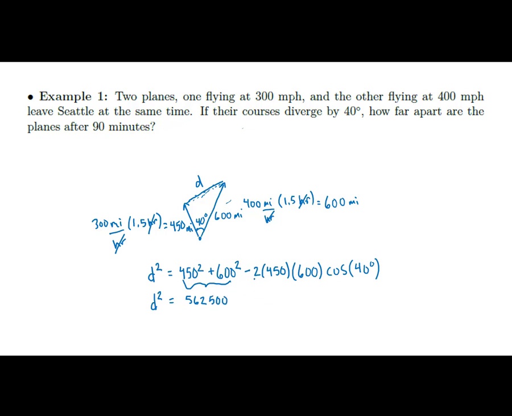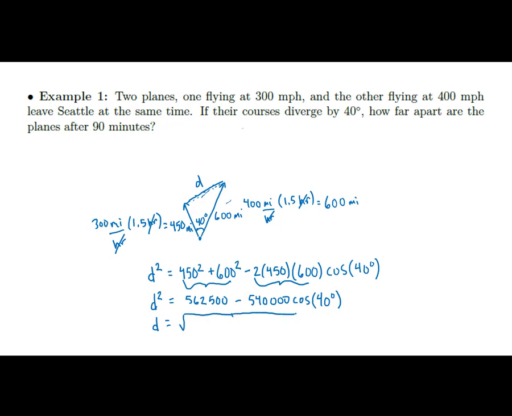And then these parts here become 540,000. And then we have the cosine of 40 degrees. But I know that what I'm interested in is d, not d squared, so of course I'll take the square root of all of that.